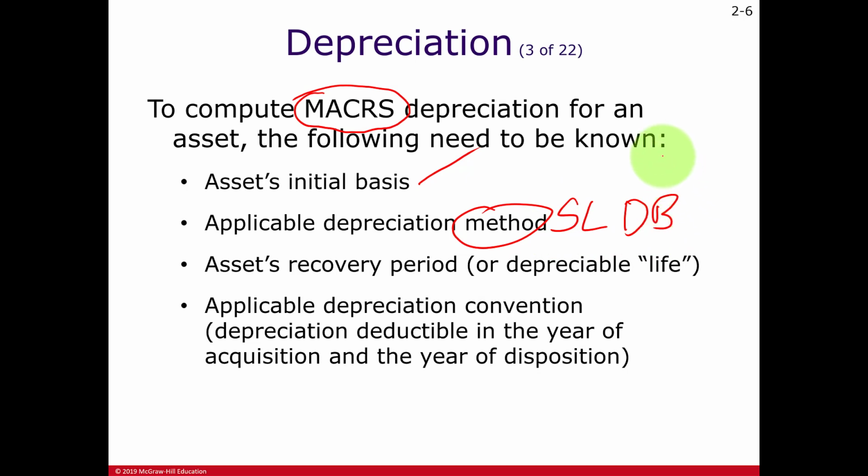And I even remember something called the sum of the year's digits method and the units of activity method. The most common method for tax purposes under MACRS rules is the double or 200% declining balance. We'll see variations of this, maybe using straight line or units of activity also.